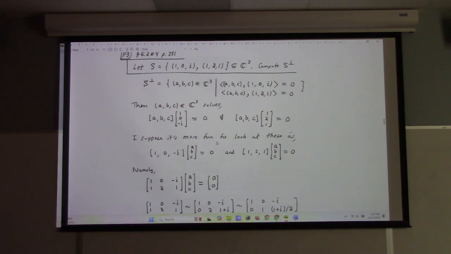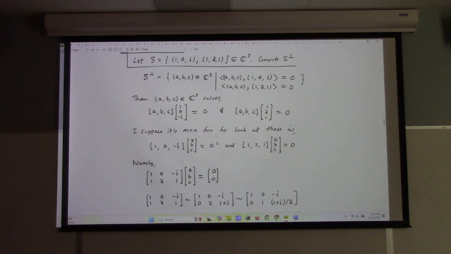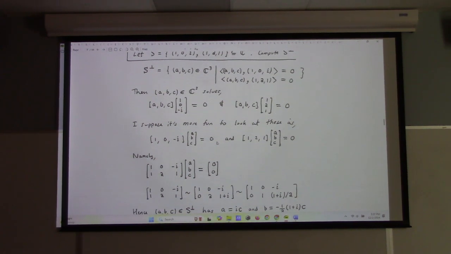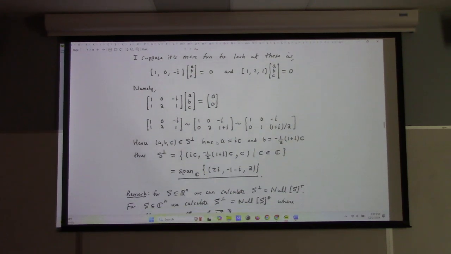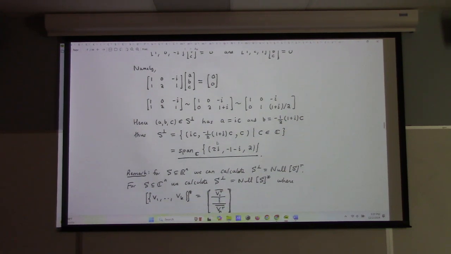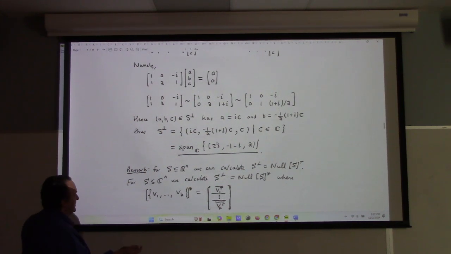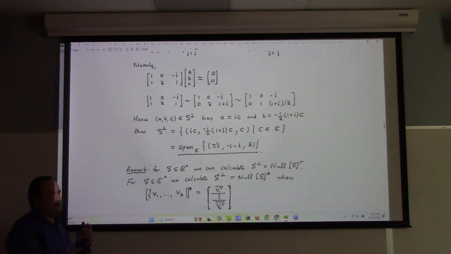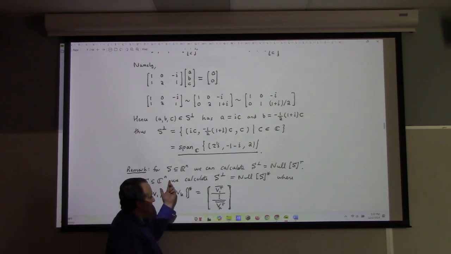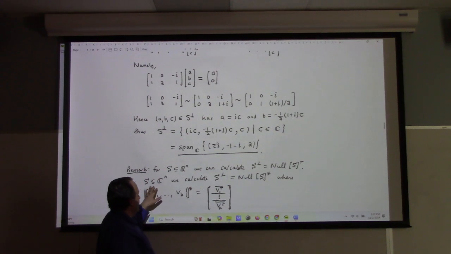Do you guys understand how to find the perp for column vectors? For the real case, you just calculate the null space of the transpose of the matrix of the generating set. That's something I teach in 221. And here, because the complex inner product has the complex conjugation, what it boils down to is to calculate the perp in Cn.